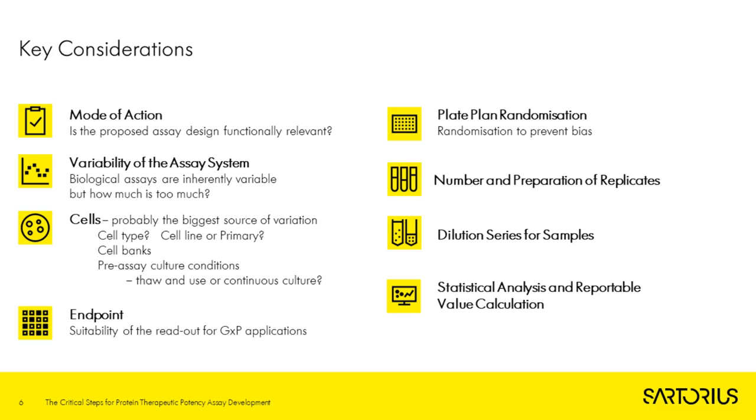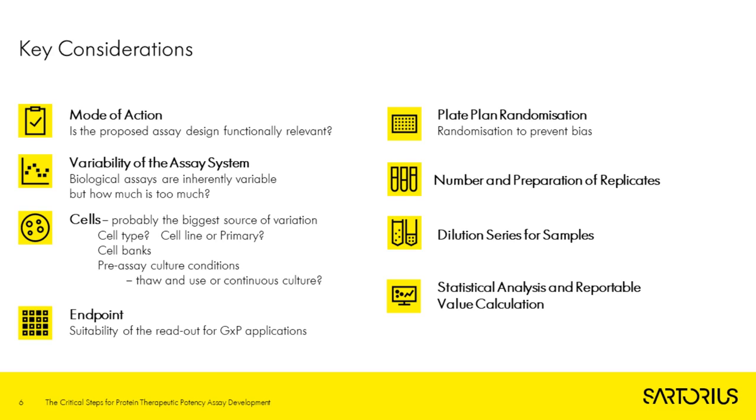And as mentioned already, we want ideally a very robust measurement, and we also want to choose a system, both hardware and software, that is suitable for GXP applications, so meaning it's got the capability to be compliant and to be validated.